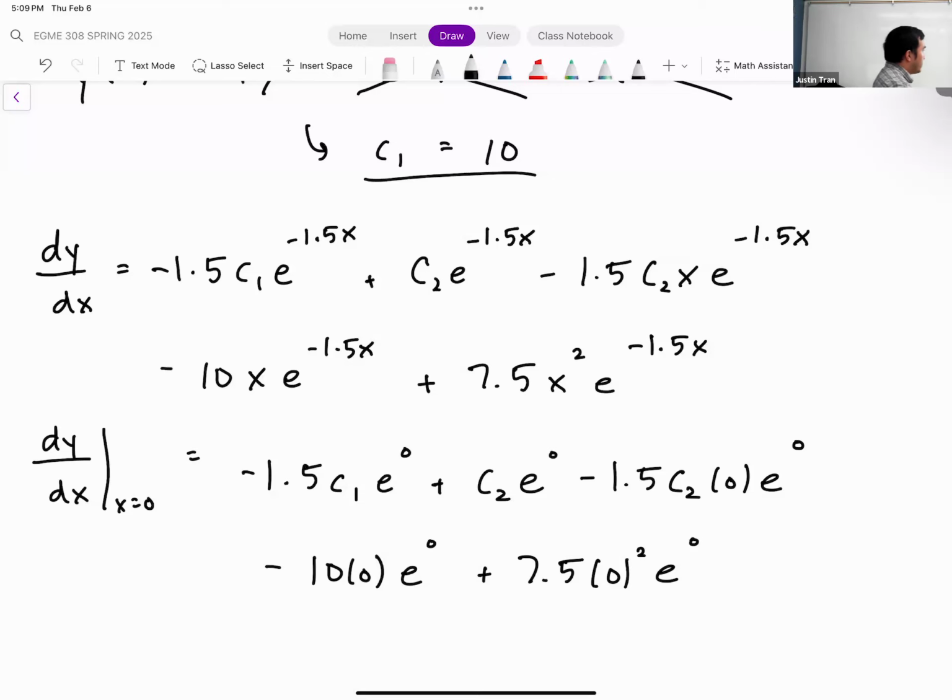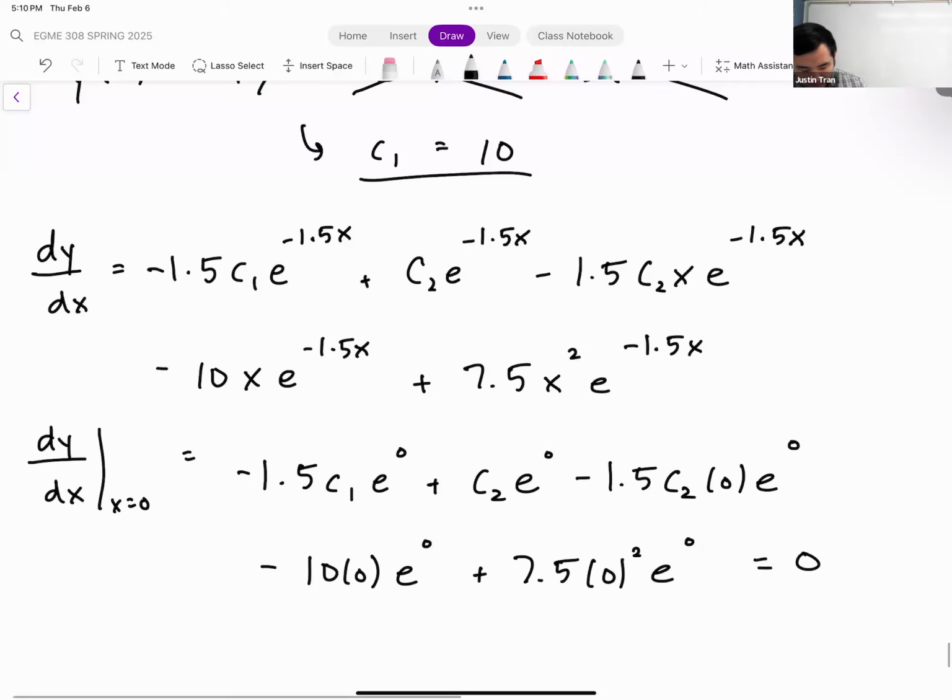Keeping things simple, right? We're just applying a condition at x equals 0. According to our initial conditions for this problem, this quantity right here is equal to 0.